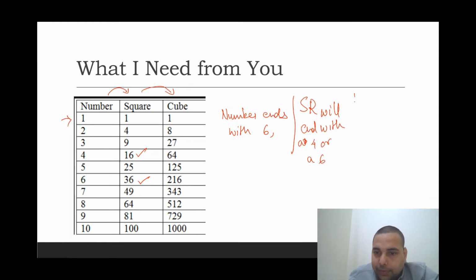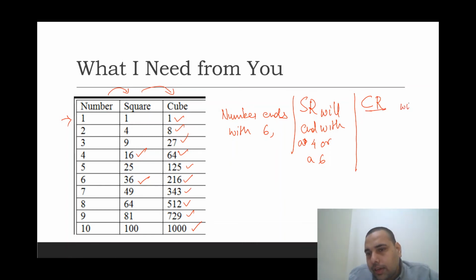Okay, but if it has a cube root, it's even better. You notice that the last digit in a cube never gets repeated. You can see here 1, 2, 3, 4, 5, 6, 7, 8, 9 and 0. There is no repetition. So cube root is even more easy. If my number is ending with 6, I can definitely say that my cube root, CR I'll use for cube root, will end with a 6.